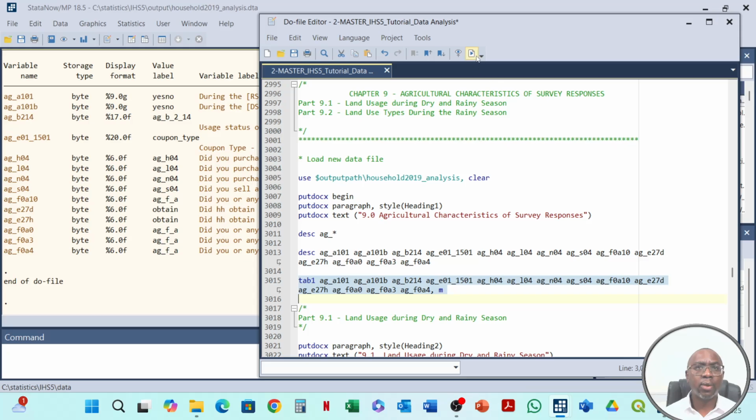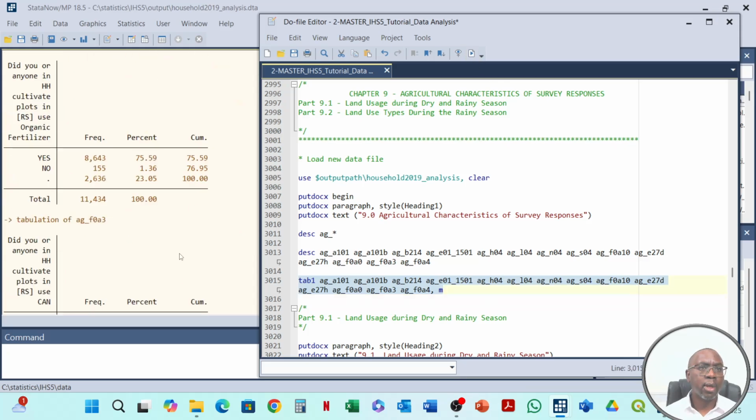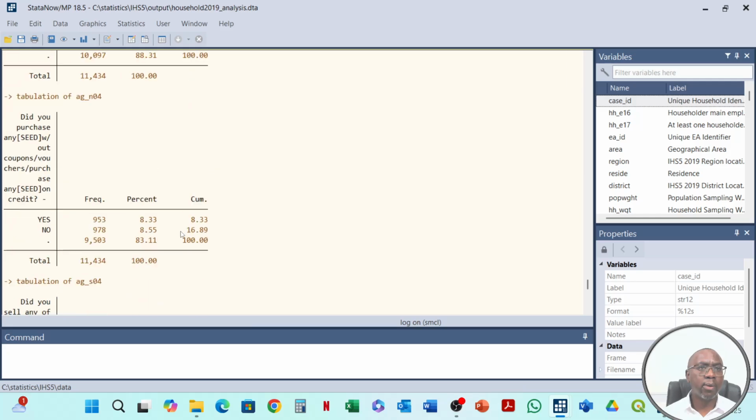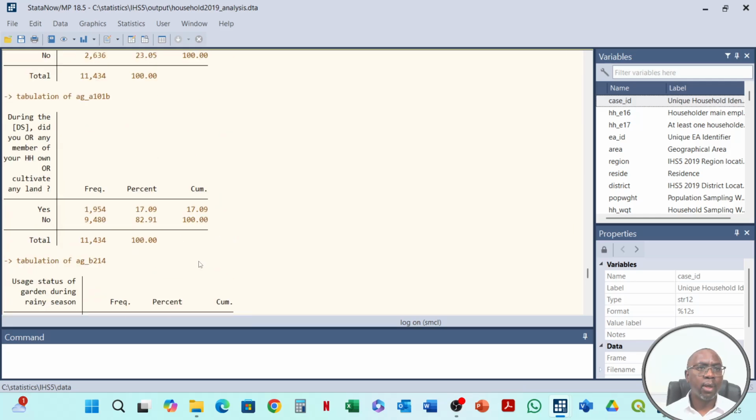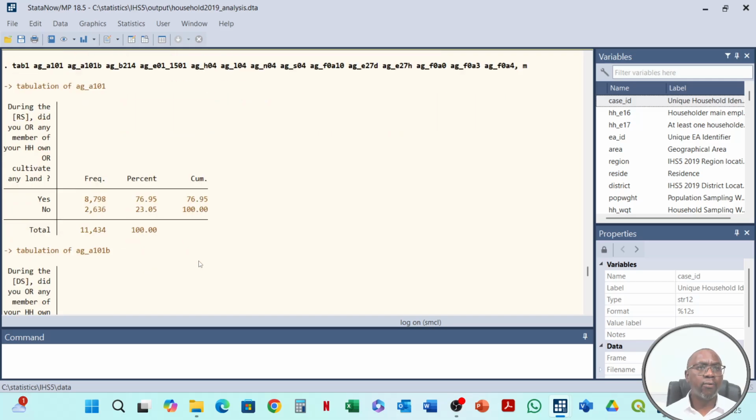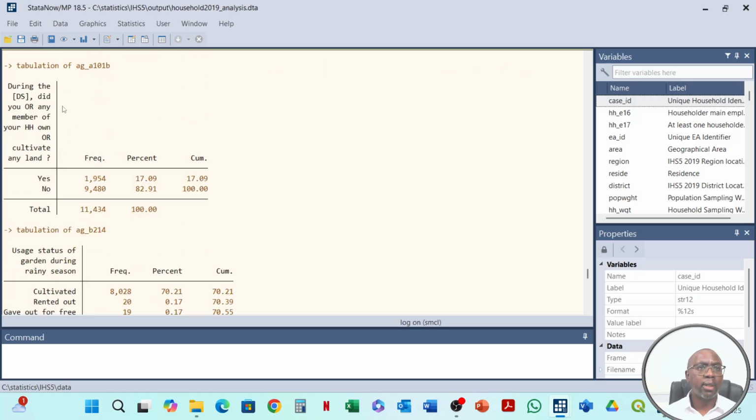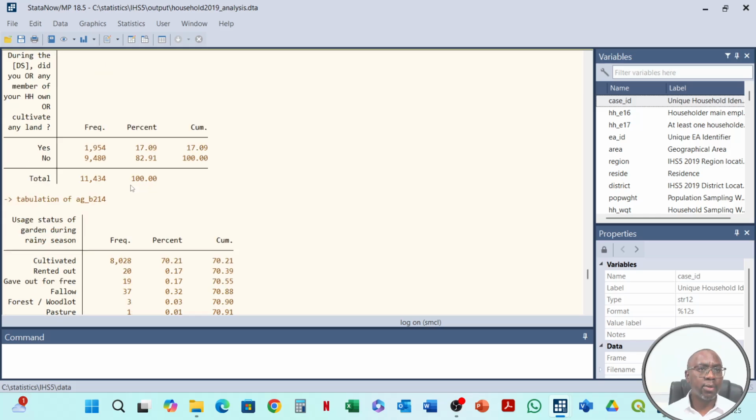Then we'll do the same where we're going to append these statistics to our document. And also, if you look, we do have a good number of observations. So here, about 77% said yes, they cultivate on their land, while 23% said that they don't. And this is the situation in the dry season, where we have about 17% saying yes, we do cultivate on the land during the dry season.